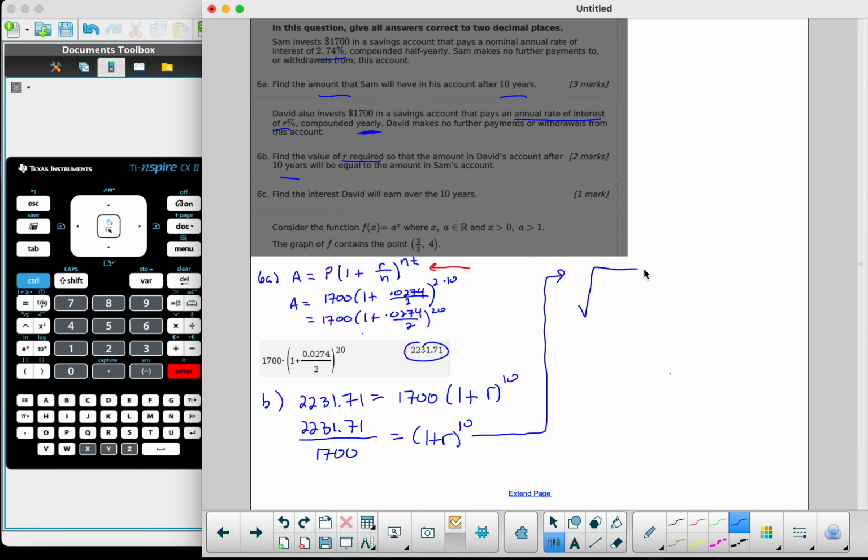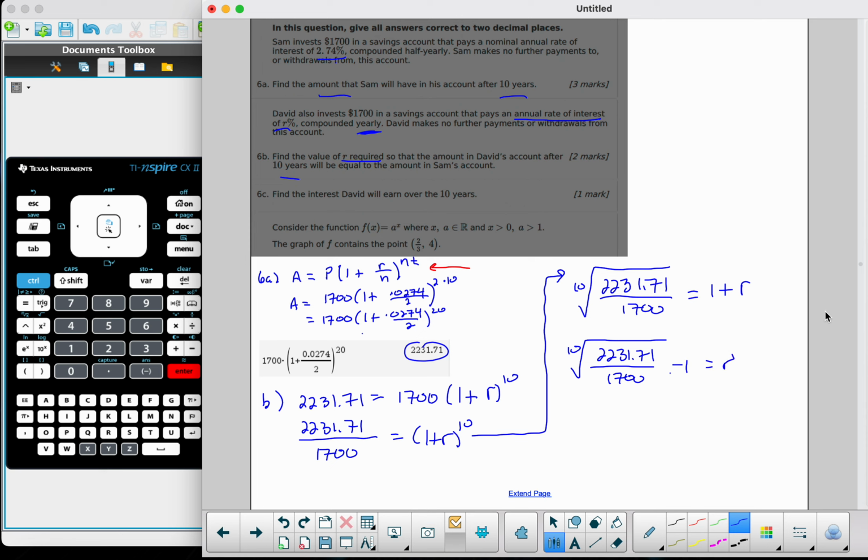So the 10th root of 2231.71 over 1700 is equal to 1 plus R, and then I just have to subtract 1. So the 10th root of 2231.71 over 1700, minus 1, equals R.